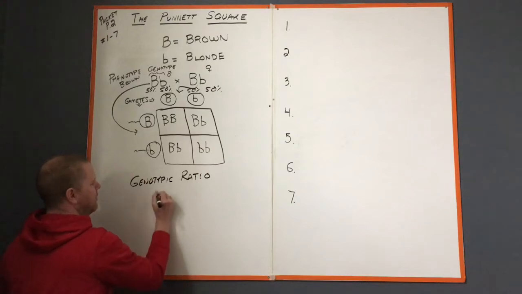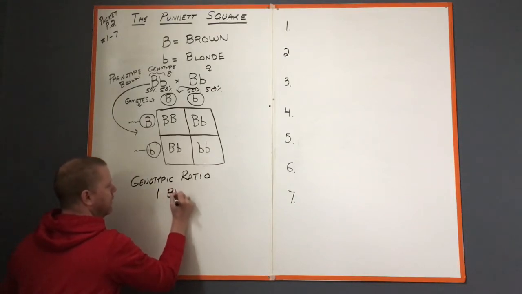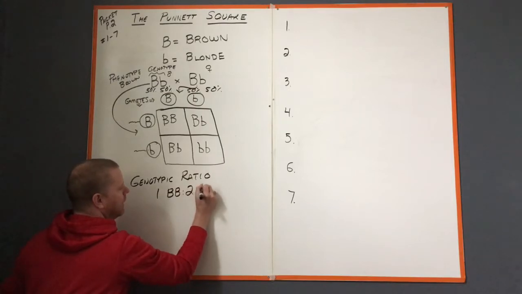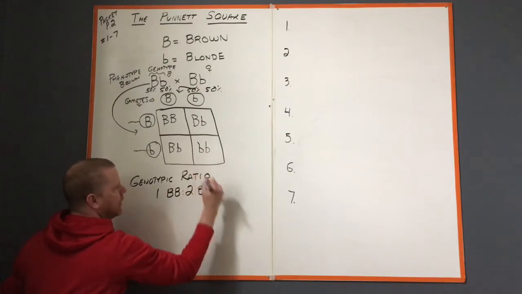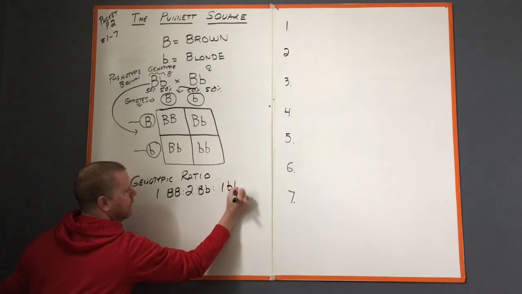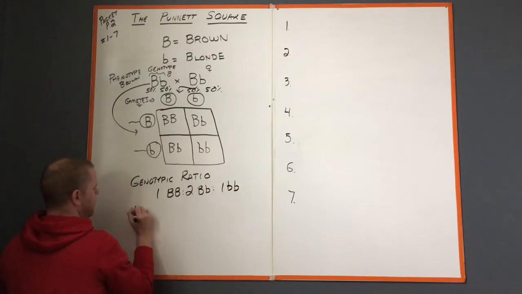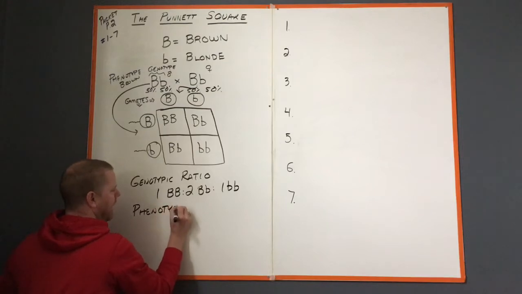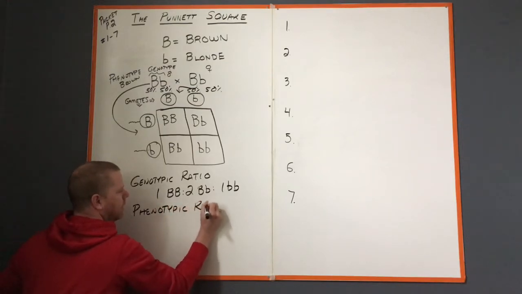Well, what we would have is 1 big B big B for every 2 big B, little b's for every 1 little b little b.